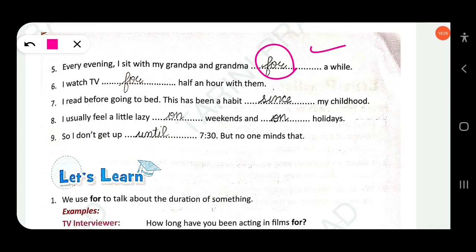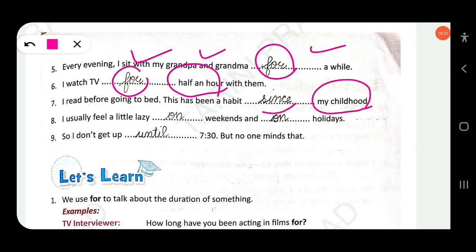Then next, I watch TV. Here duration of time is provided, half an hour, for half an hour. Then next, I read before going to bed. This has been a habit since my childhood. We have to write since here.